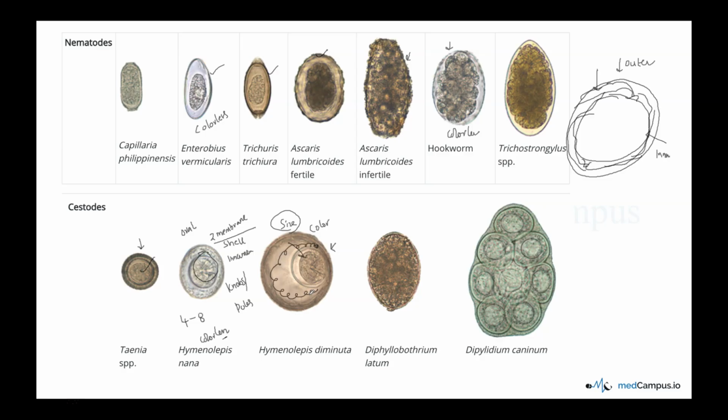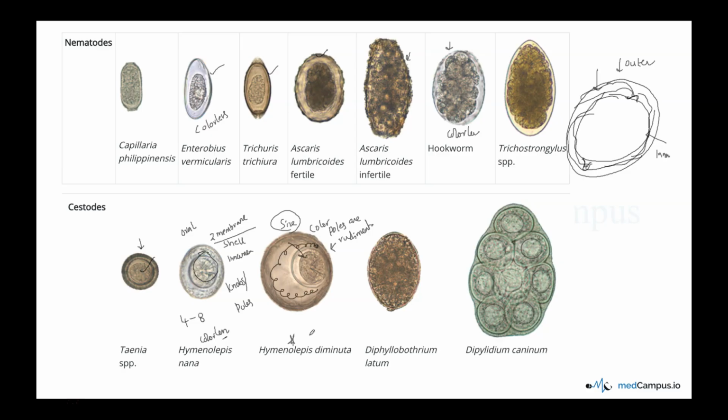It also has a 6-hooked oncosphere inside the shell. The poles are rudimentary, so whatever poles I have just told you, these are rudimentary in Hymenolepis diminuta.